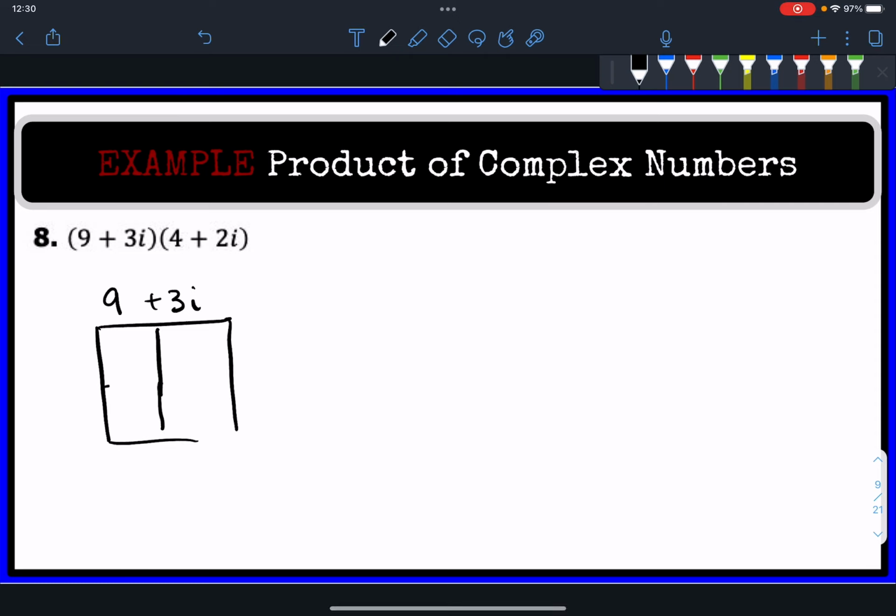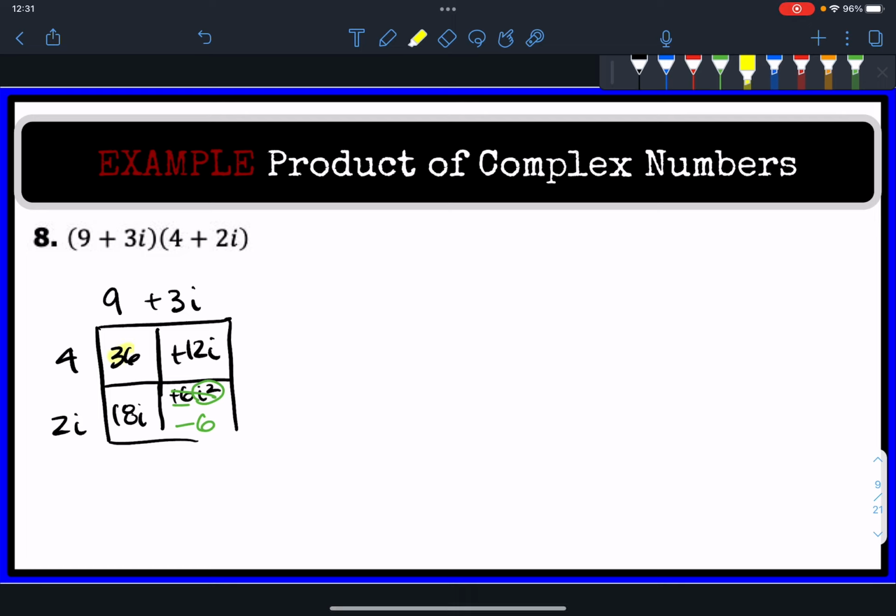So creating a 2 by 2 box, I can multiply these two numbers first by 4, which is again 36 and positive 12i, and then multiply those two numbers by 2i, which is 18i and positive 6i to the second power. But again, since i to the second power is equal to negative 1, we're multiplying a positive 6 with a negative 1, so that's going to simplify to negative 6.